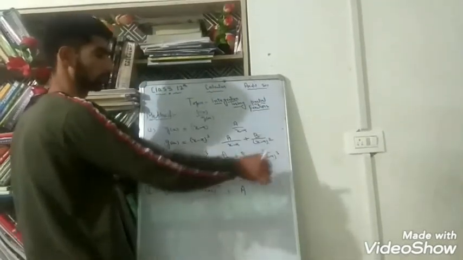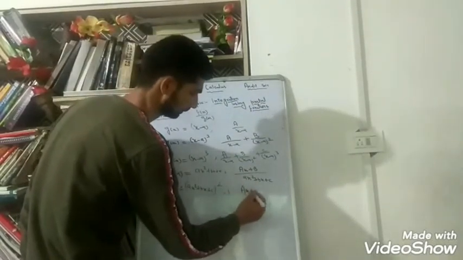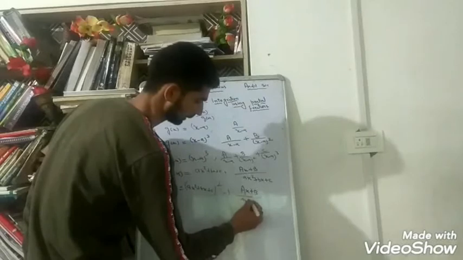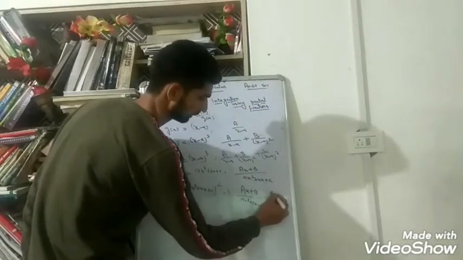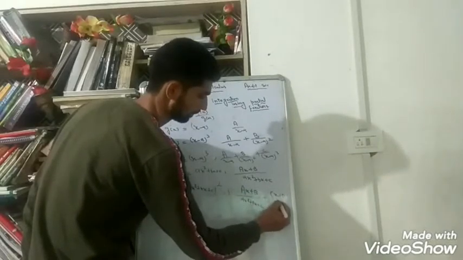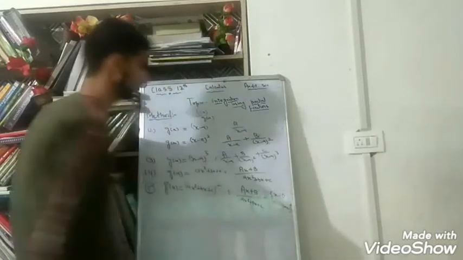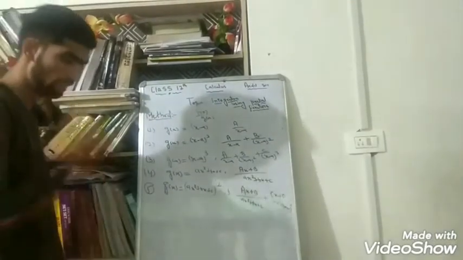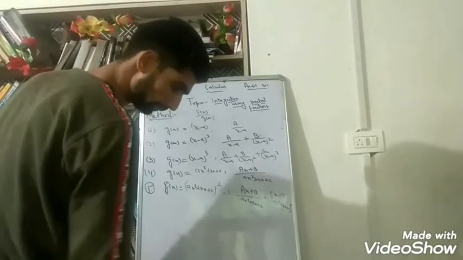These are the rules, and these are the simple methods you can apply: ax plus b divided by ax squared plus bx plus c, plus cx plus d divided by ax squared plus bx plus c whole squared. These are the simple things that you have to remember.